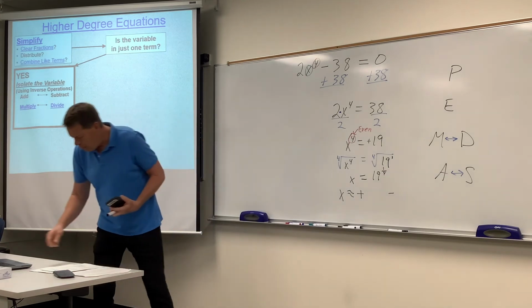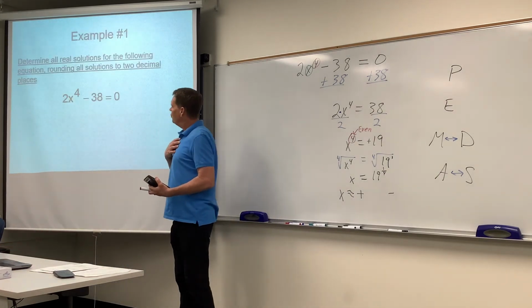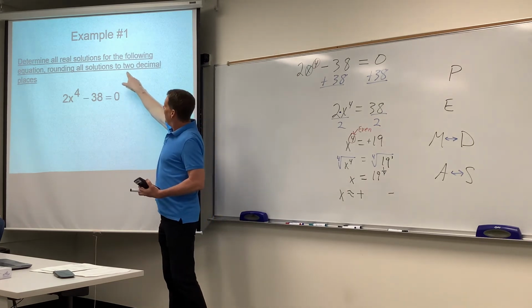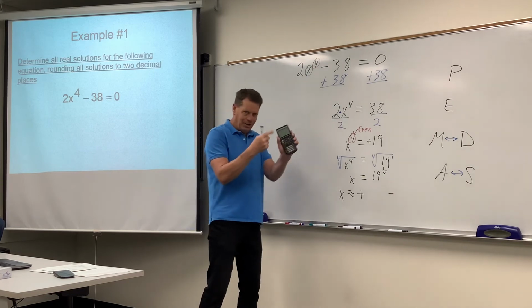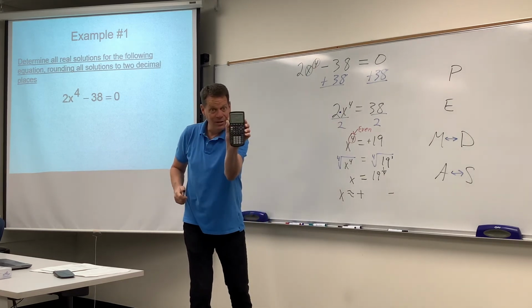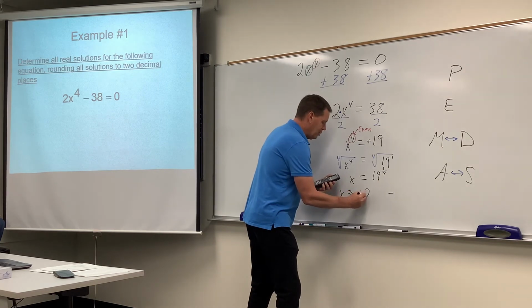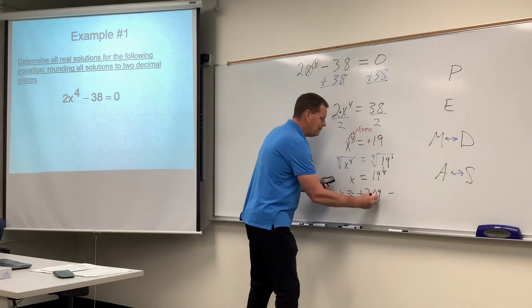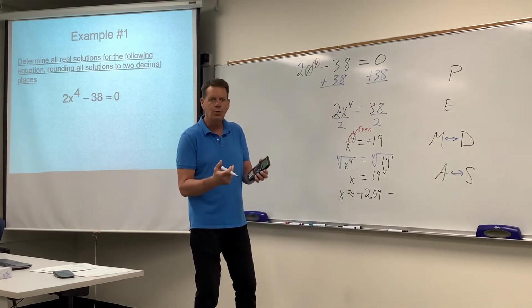And then this is where we need to make sure that we pay attention to how far we're supposed to round it. This one says round all solutions to 2 decimal places. Looking at that number, if you were to round it to 2 decimal places, I'm seeing 2.09, and it needs to be noted the calculator only tells us the positive root.